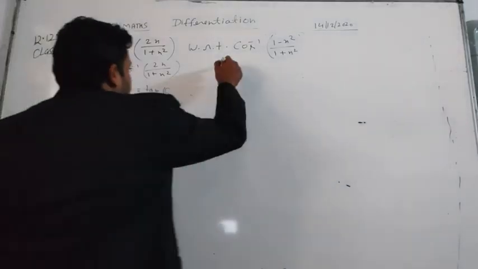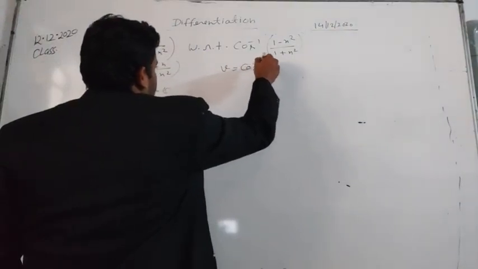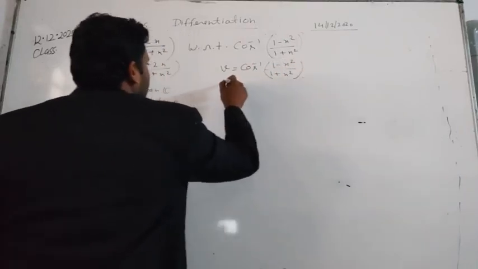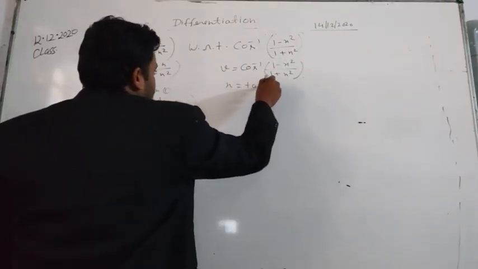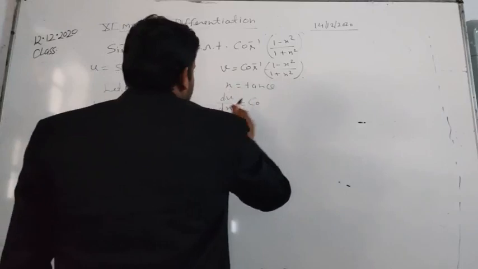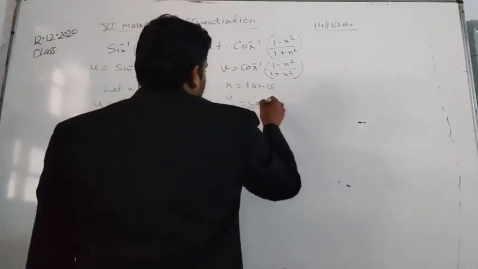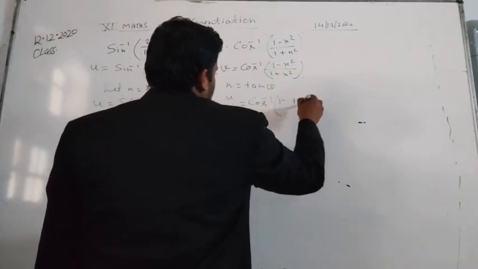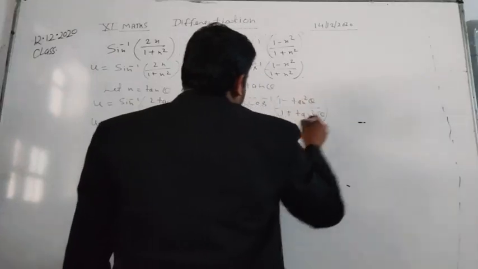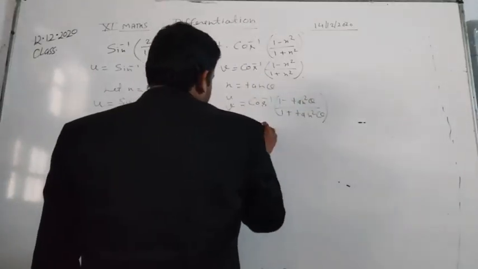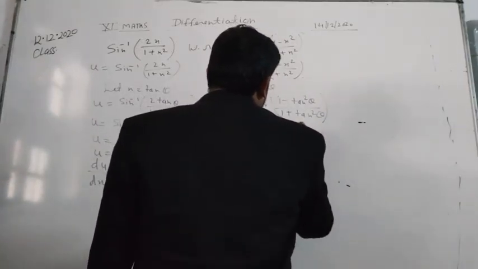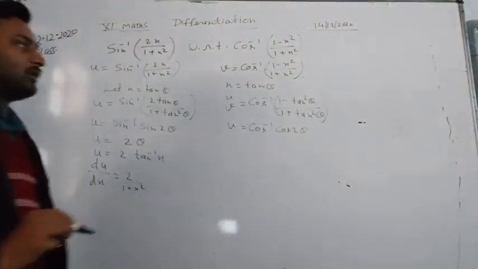Okay. Now we take v is cos inverse 1 minus x square by 1 plus x square. Again put x is equal to tan theta. So v is cos inverse of 1 minus tan square theta by 1 plus tan square theta, and this is the formula of cos 2 theta.